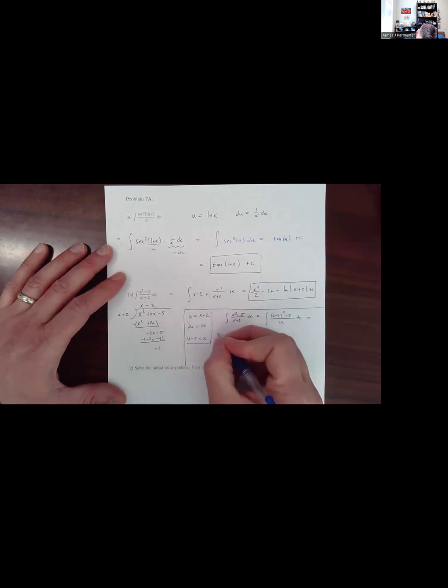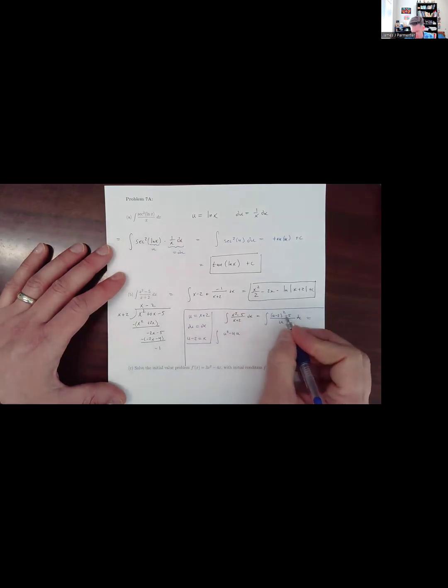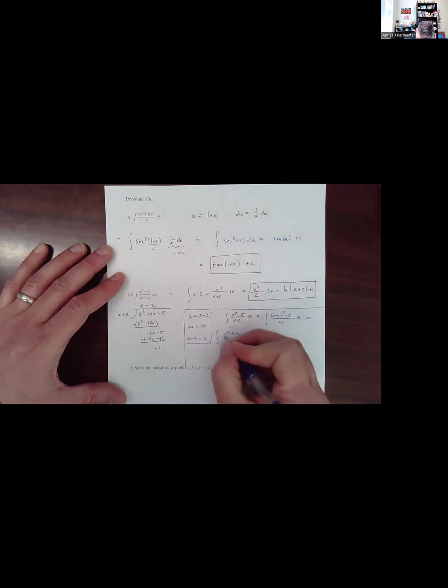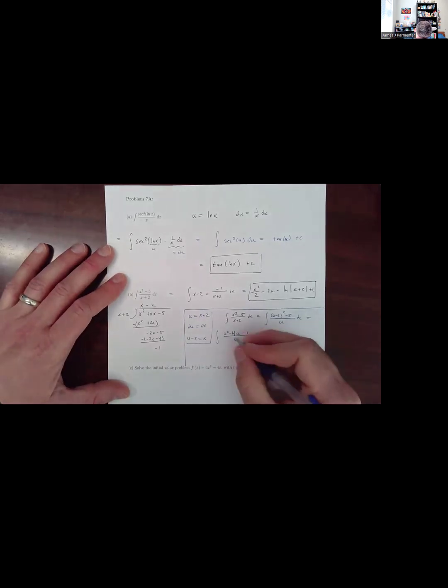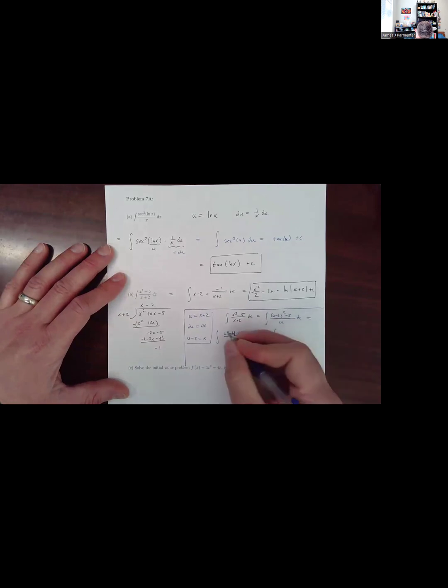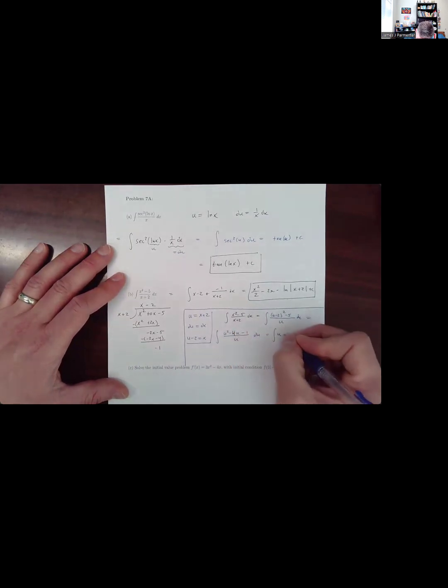Multiply at the top. You're going to get the integral of u squared minus 4u plus 4 minus 5 is minus 1. Divide each thing by u. So you get u squared divided by u, 4u divided by u is minus 4, and minus 1 over u.